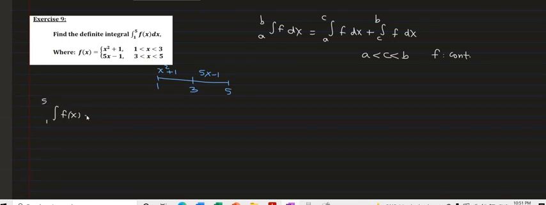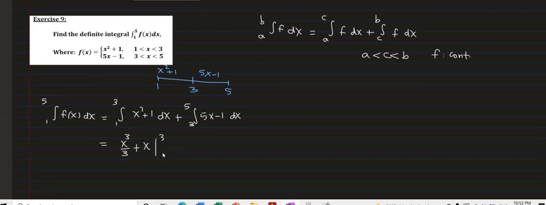So we can say that this integral from 1 to 5 of f of x dx can be solved from 1 to 3 with the working function x squared plus 1, and then we add from 3 to 5, and what's the working function then? Yes, 5x minus 1 dx, and both are direct integrations. The x squared is going to be x power 3 over 3, and the integration of 1 is x.